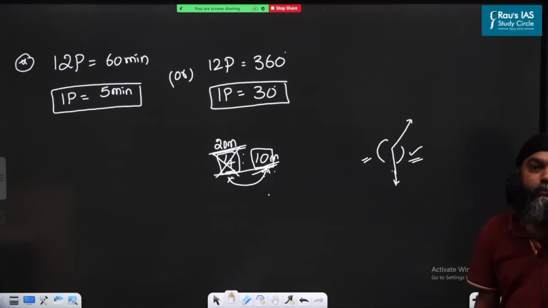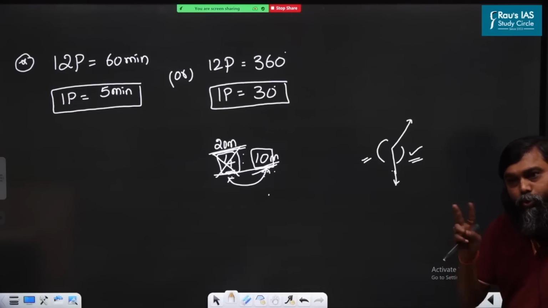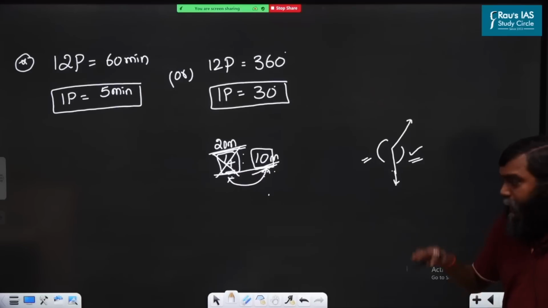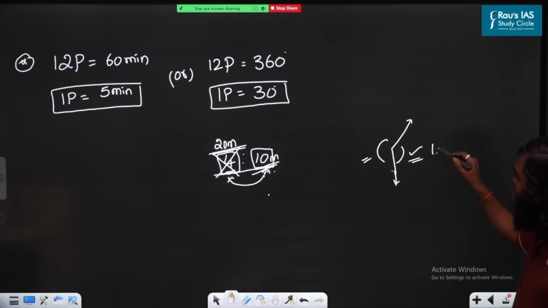So every position has 2 types of gap: the gap in terms of time, or the gap in terms of angle. Both are possible. All understood?